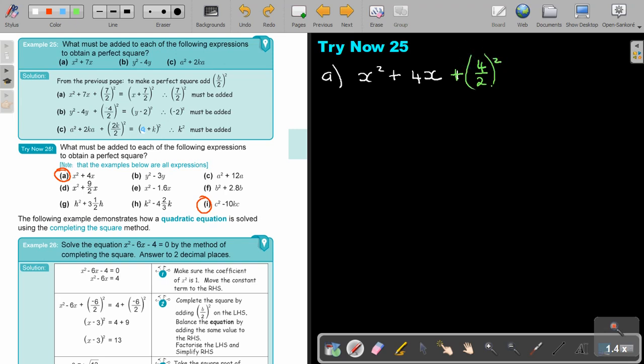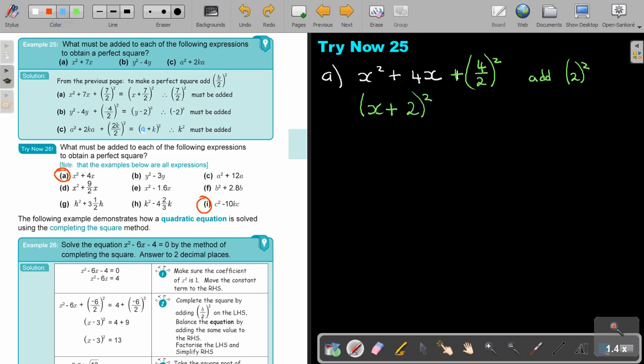So actually I will add 2 squared. And if I want to factorize this now, I will just say this will be x, I take that term, and it will be that 2, and it will be squared. That's how I will factorize that.